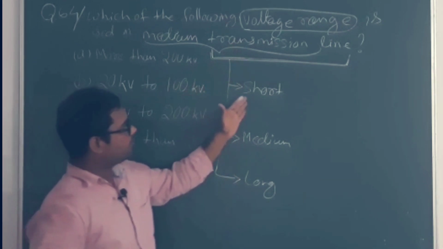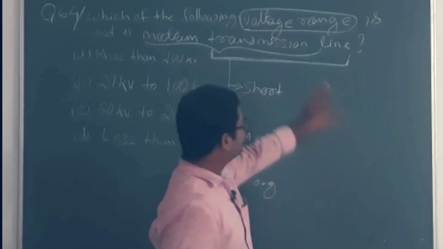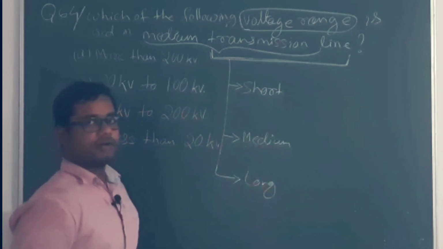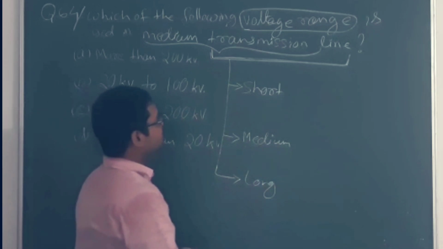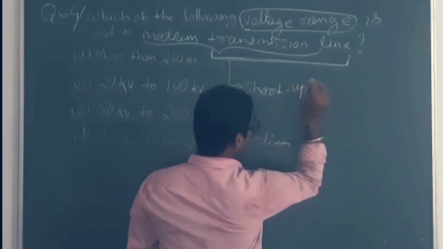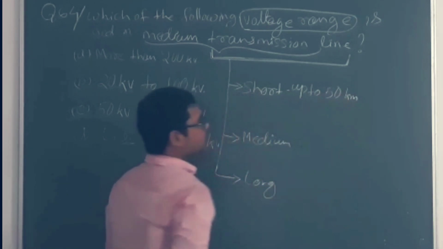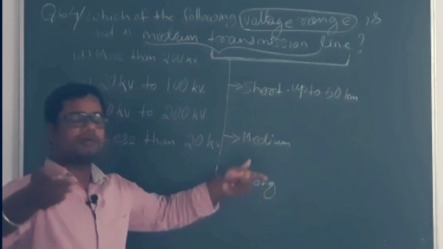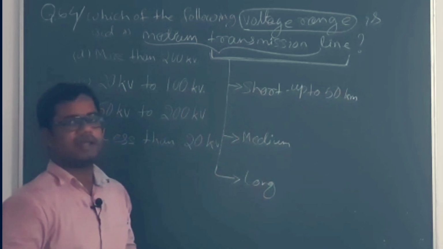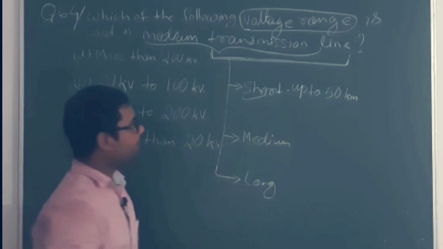Up to 50 kilometer, whatever the length of the transmission line, it is called your short transmission line.